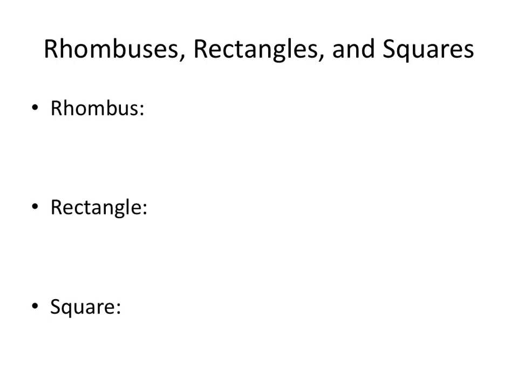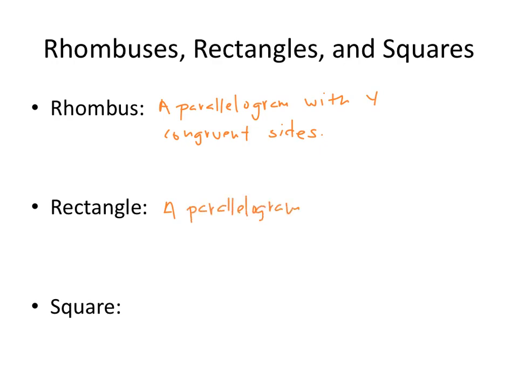Well, a rhombus is a parallelogram with four congruent sides. A rectangle is a parallelogram with four right angles.